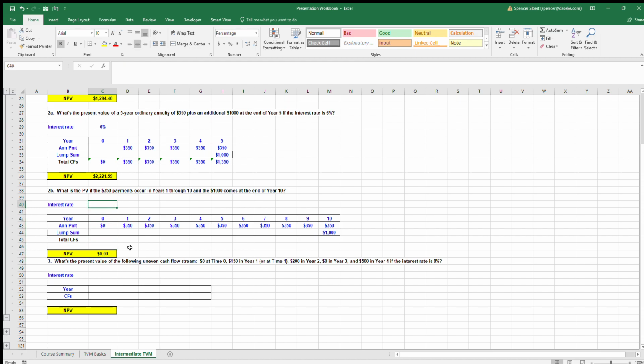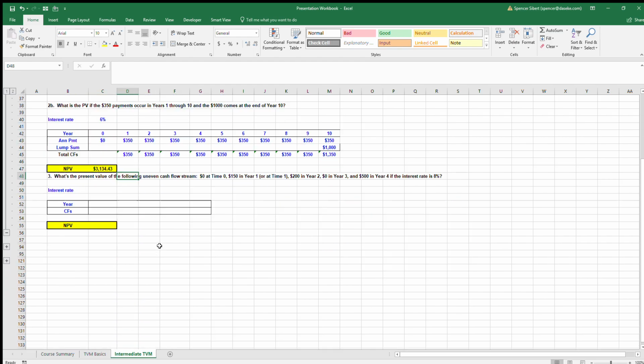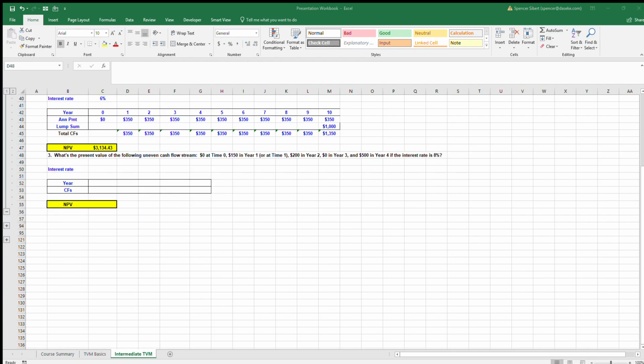So the interest rate is the same, 6%, and then we'll do a sum of the annual payments and the lump sum. And we get $3,134.43.